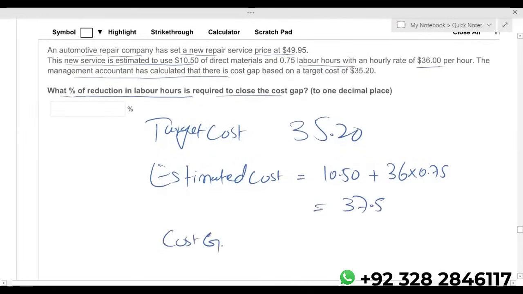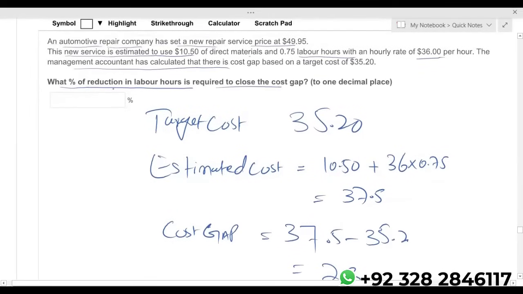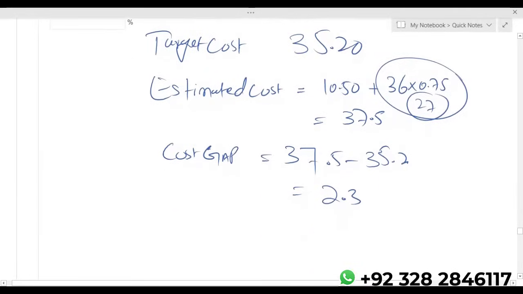So cost gap is 37.5 minus 35.2. Cost gap is actually 2.3. But this is not the answer. Examiner is asking us what percentage reduction in the labor hour is required. Now listen. The cost of labor per unit is 27. We want reduction in that cost by 2.3.